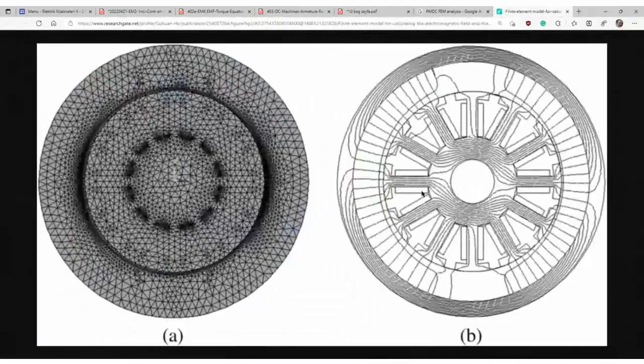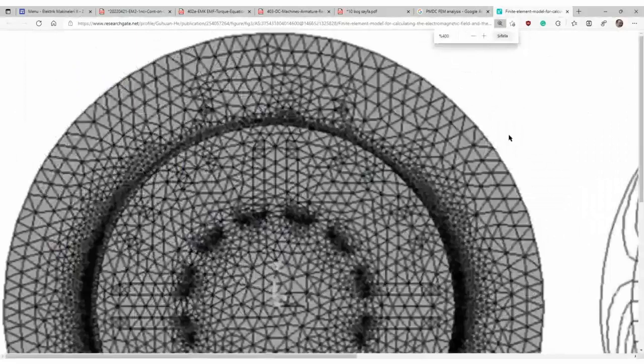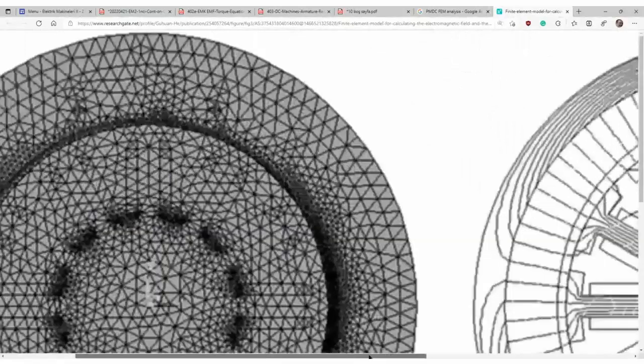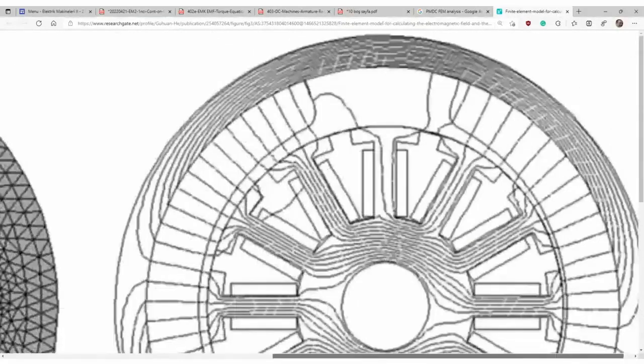It is not very clear, but you can imagine. Here are the flux lines, just a representation. Flux lines prefer the shortest path.